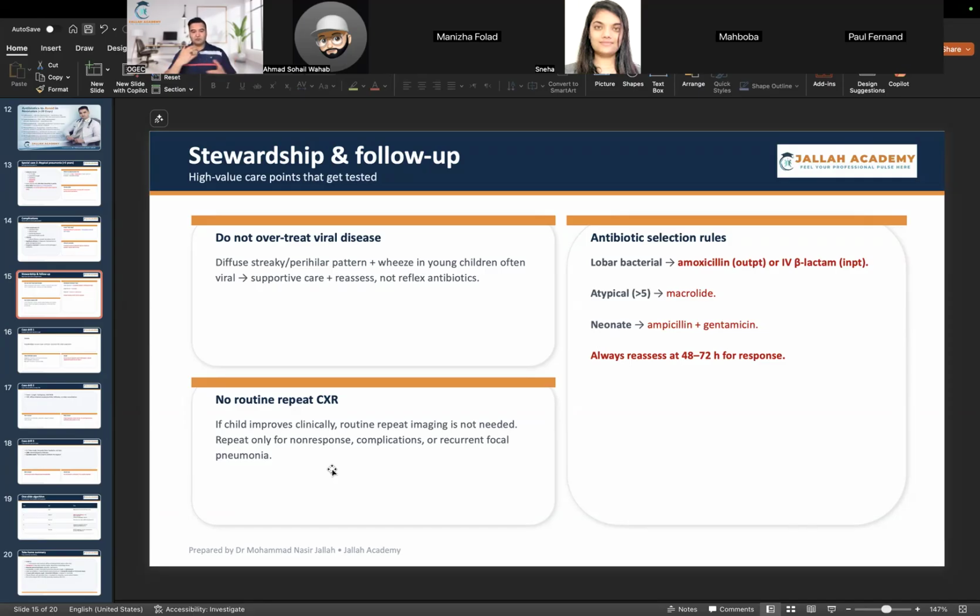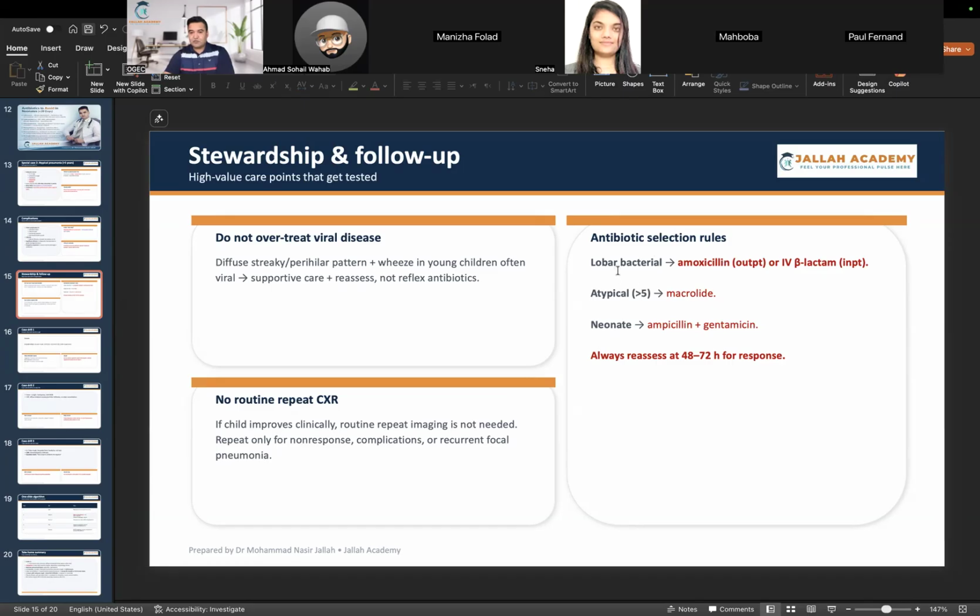So you don't have to keep doing the X-ray, because X-ray changes do not happen as soon as you see improvement in signs and symptoms. Signs and symptoms improve, but the chest X-ray will still be abnormal for up to 6 to 8 weeks. So don't waste your time and do not expose the patient to unnecessary radiation.